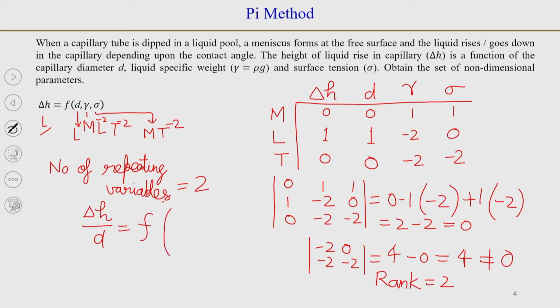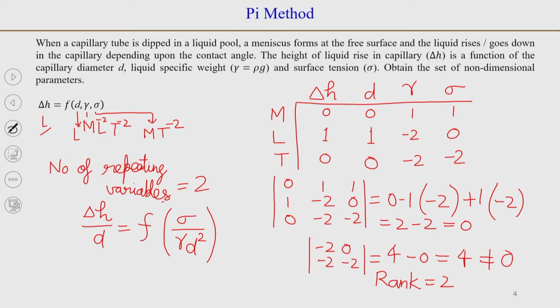the other non-dimensional group, as we just saw, we can form from the 3 of these: sigma over gamma d squared. So, gamma is m L raised to the power minus 2 t raised to the power minus 2, and sigma is m t raised to the power minus 2.